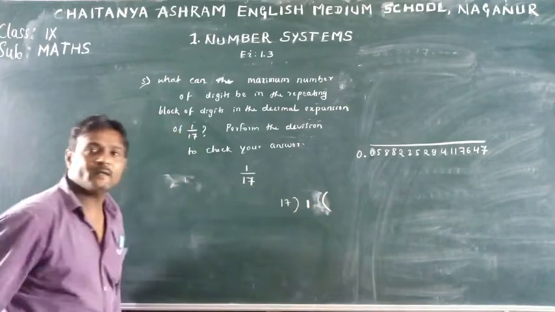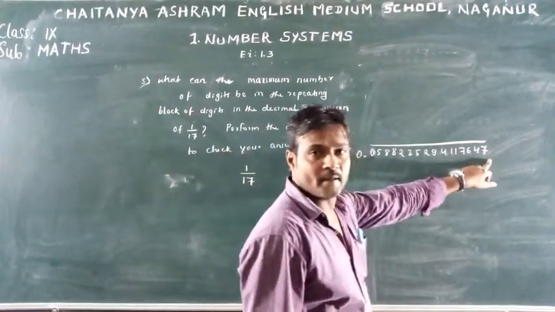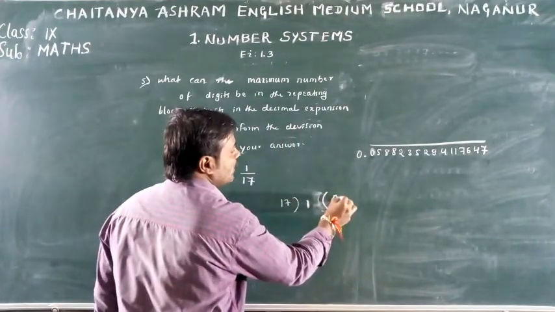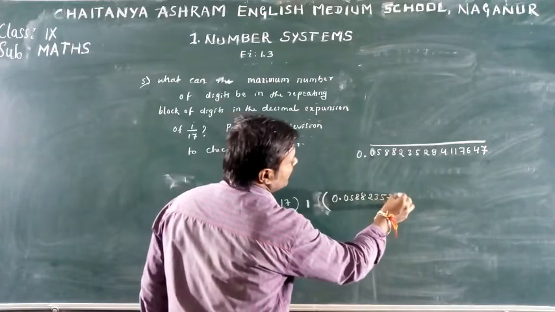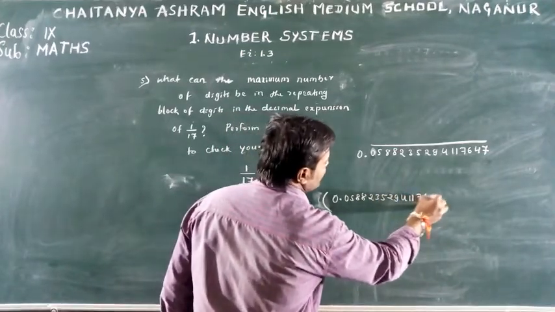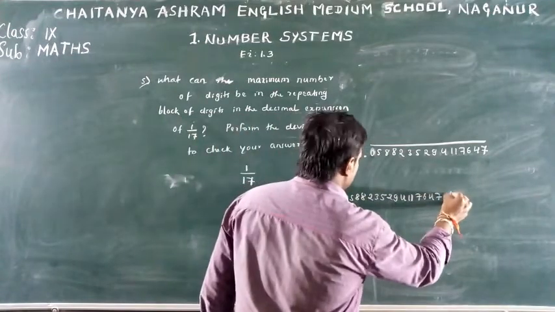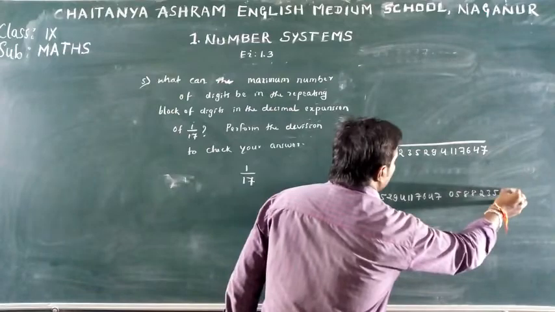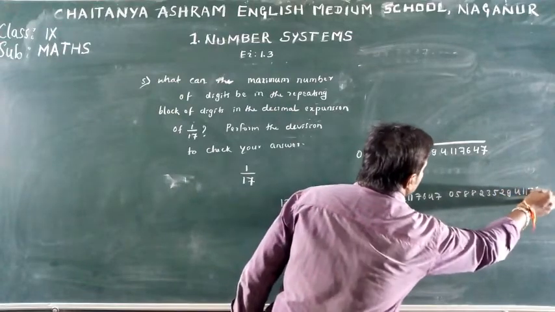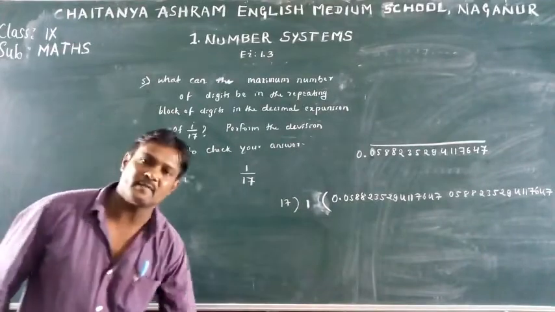Divide 1 by 17. You will get this kind of decimal expansion, that is 0.0588235294117647. After this, you will get the same digits again. The division process takes several steps.